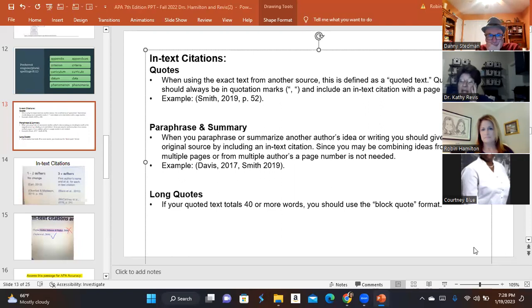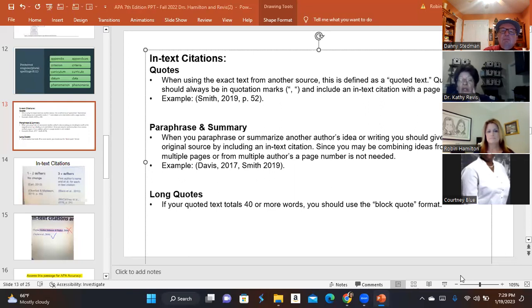So in APA, the format is always author, date, and only if it's a direct quote would it have a page number. Or if you've pulled a reference from an online article, you would put a paragraph number. So only when it's direct quotes do you need to have that page number or paragraph number.